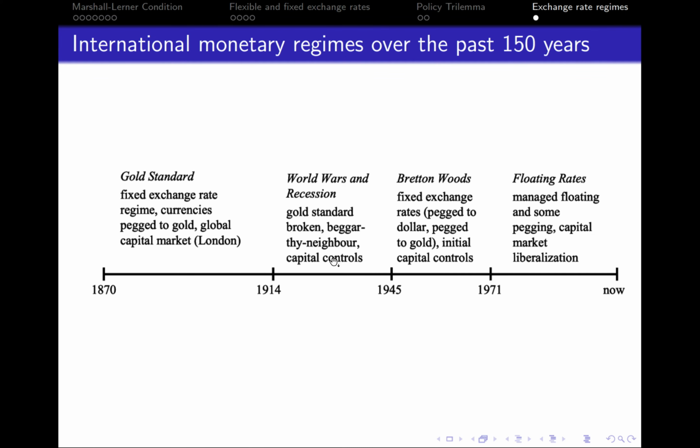And something that was associated especially with the Great Depression, countries were doing a beggar-thy-neighbor policy. What is this type of policy?